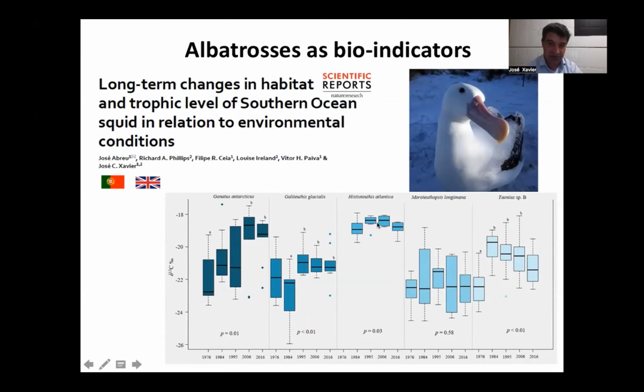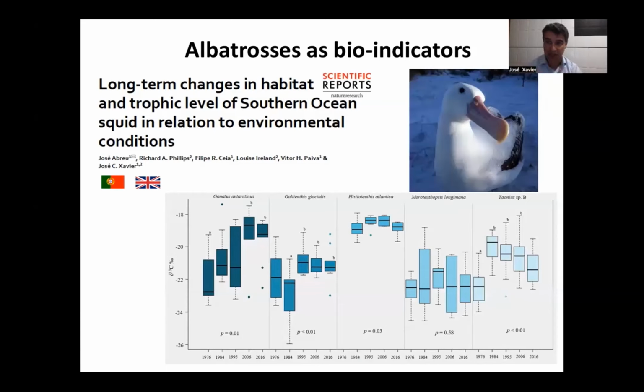Other species have little changes, and others, for example, have a tendency to go to more colder waters. But in general terms, the changes of carbon, the general trend was that they do try to adapt to changes in the environment.